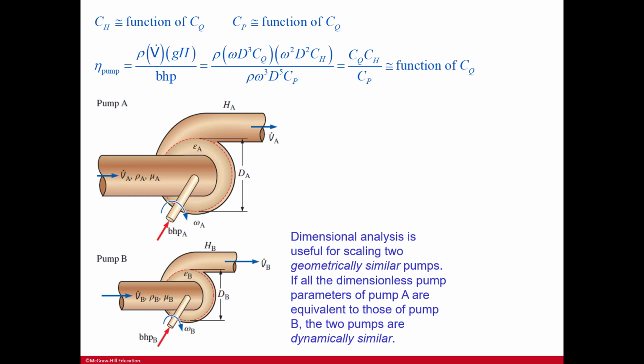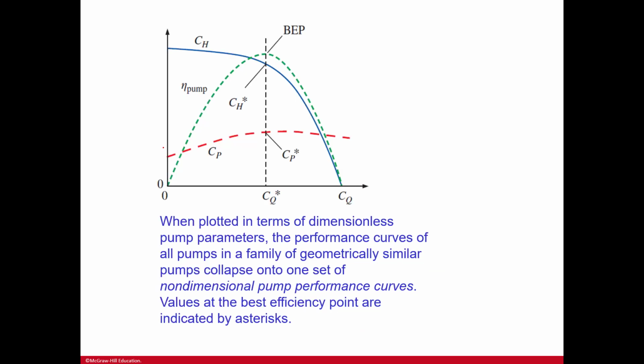So here you have the efficiency as well, and then pump A and pump B. Dimensional analysis is useful for scaling 2 geometrically similar pumps. If all the dimensionless pump parameters of pump A are equivalent to those of pump B, the 2 pumps are dynamically similar, and this is really important for modeling as well.